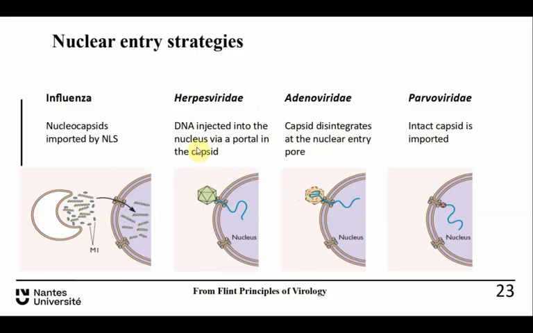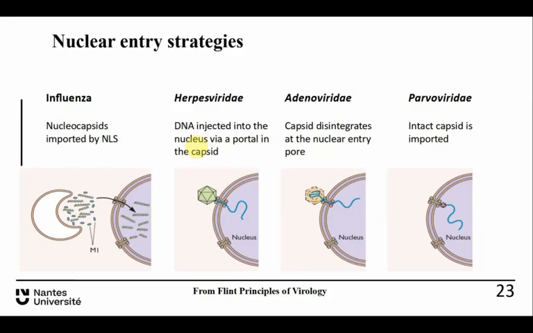Herpesviruses are a bit more elegant. They will dock on the nuclear pore. And if you remember, herpesviruses have a specific structure to their capsids. They have a kind of collar at one of the vertices of the capsid. This is what's going to dock onto the nuclear entry pore.